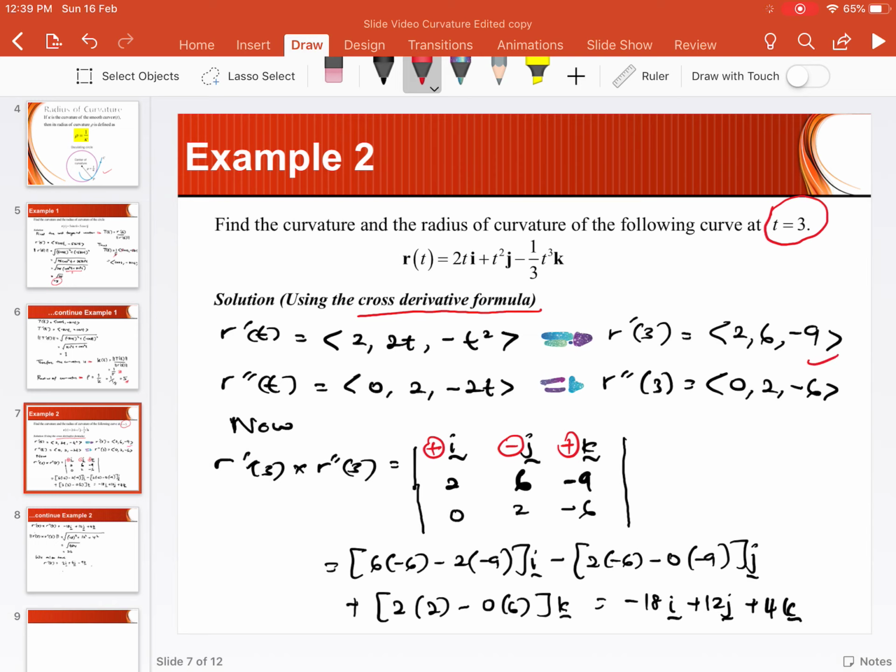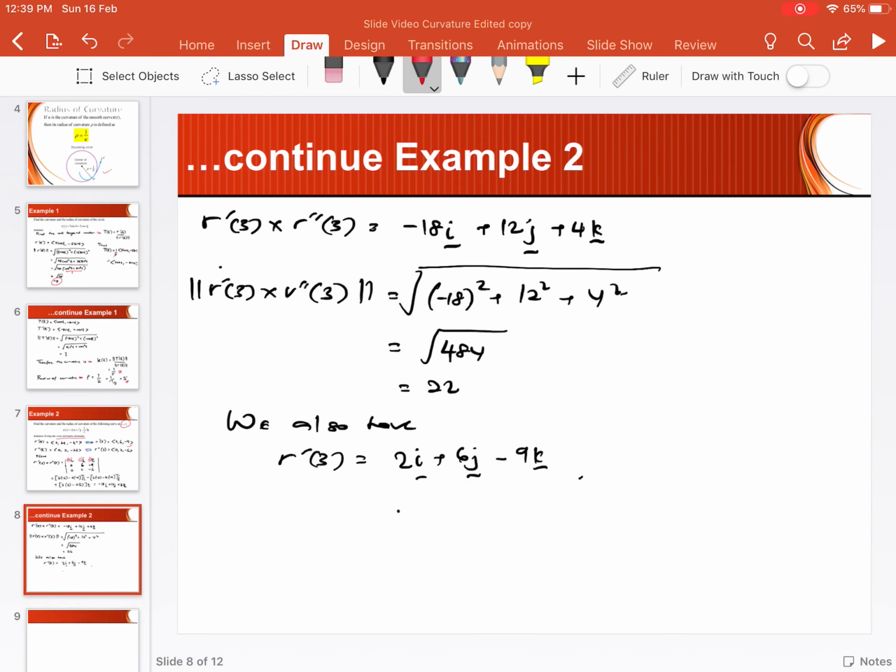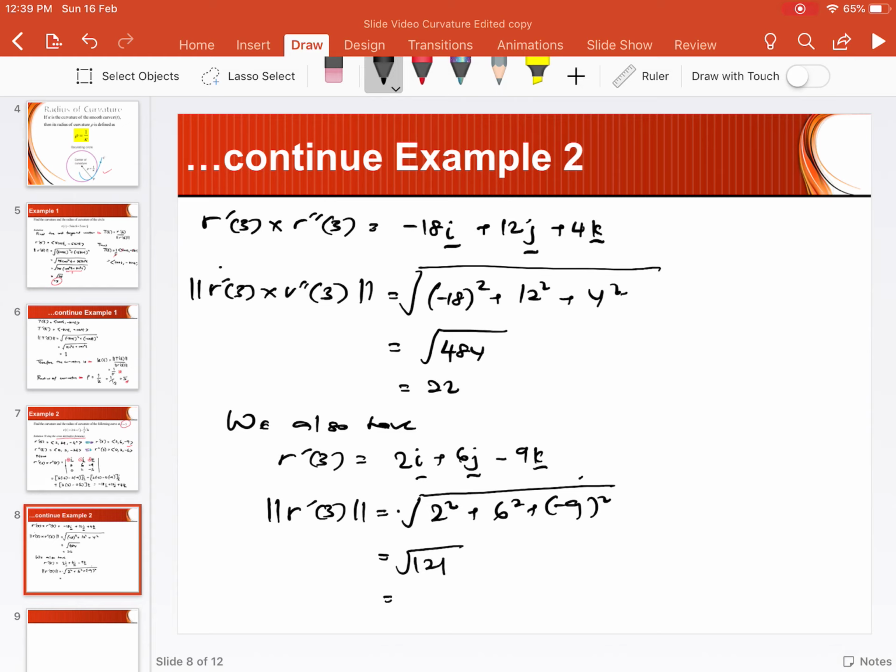So next we need to calculate the magnitude of r prime 3. So we have square root of 2 squared plus 6 squared plus negative 9 squared. We get square root of 121, so this is equivalent to 11.